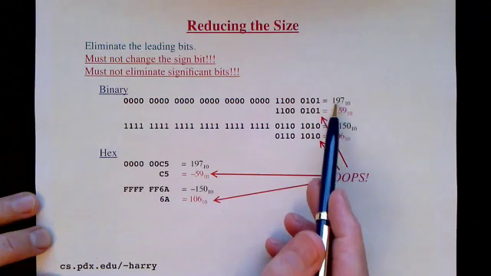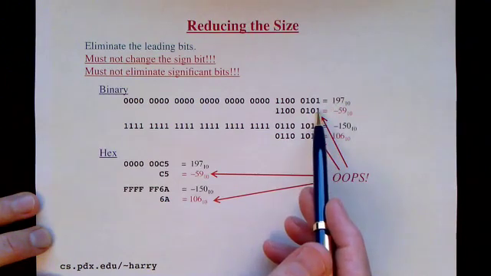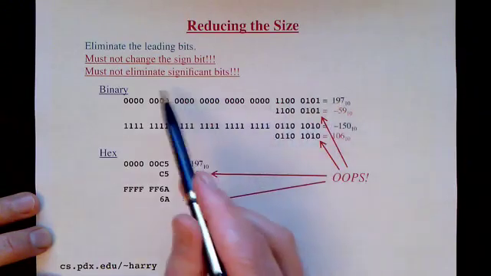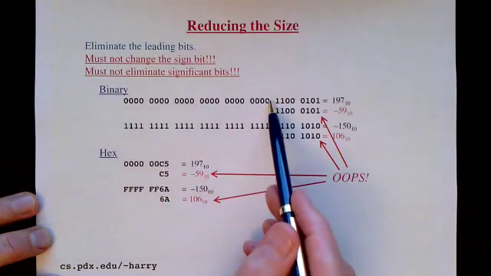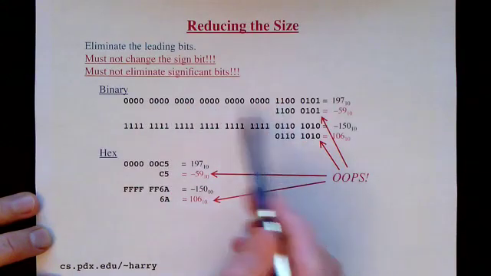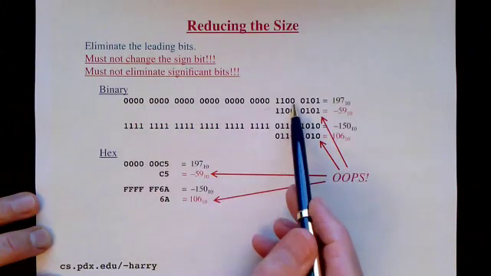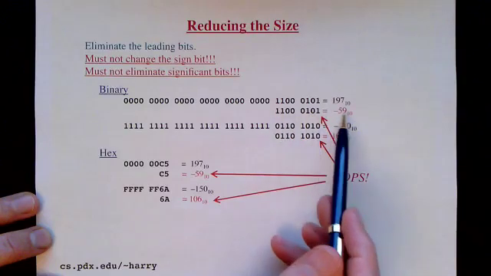Remember, the largest value with 8 bits is 2 to the 7th minus 1, or 127, and this is larger than that. So we're eliminating what appear to be insignificant bits, but we've changed the sign bit from a 0 to a 1. So what used to be a positive number has now become a negative number, and this is actually the representation for minus 59.